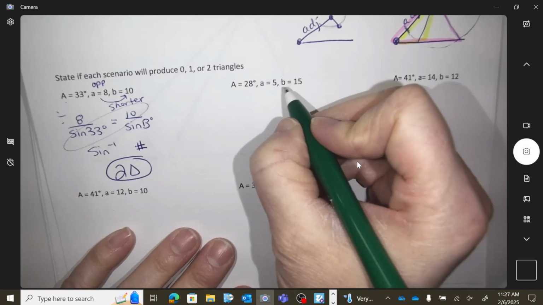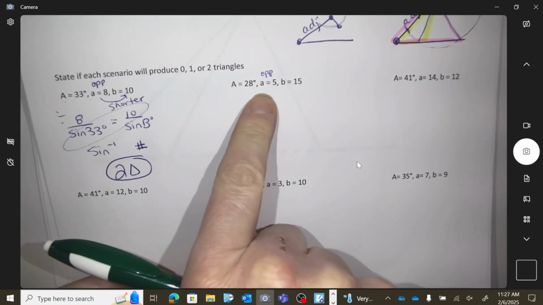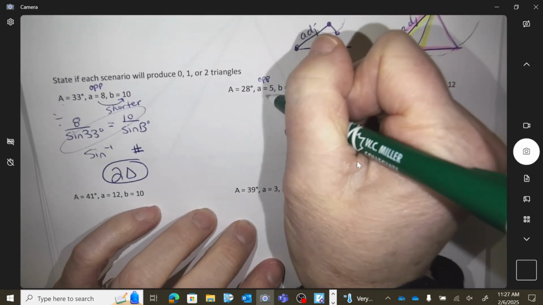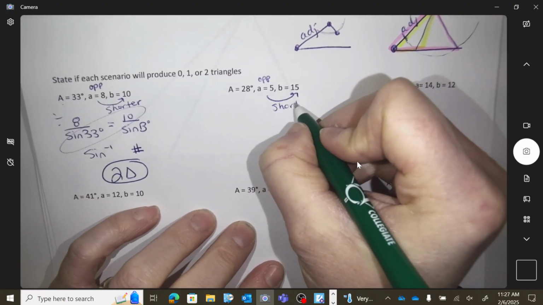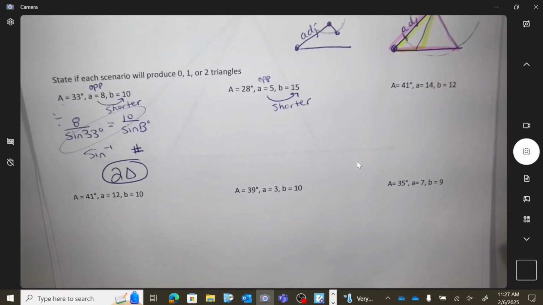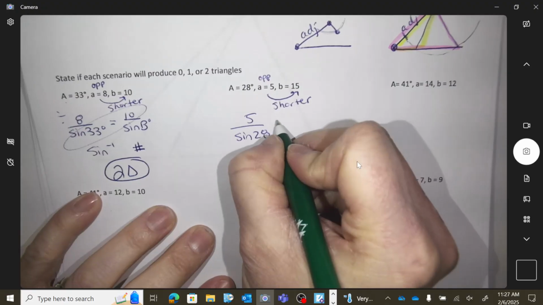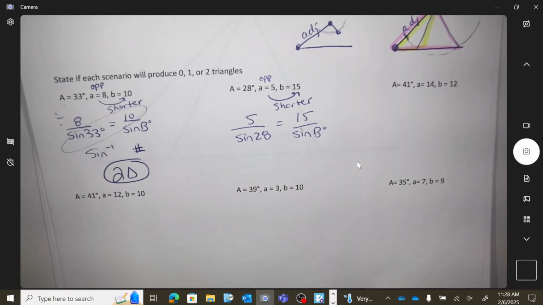Okay, second example, identify the opposite side. So if this is angle A, A is opposite. What are we in relationship to 15? We're shorter than 15. Our opposite is shorter. So what should I do with shorter? I need to test. That's my test.